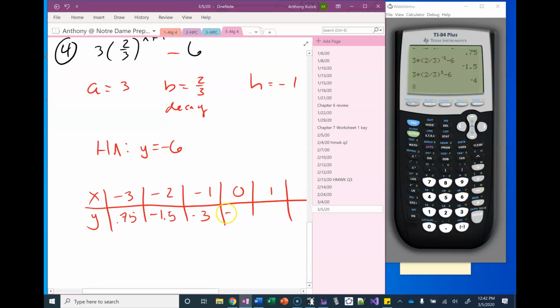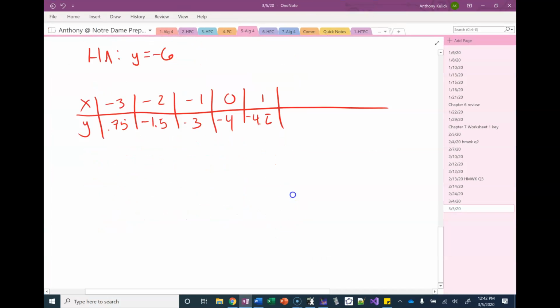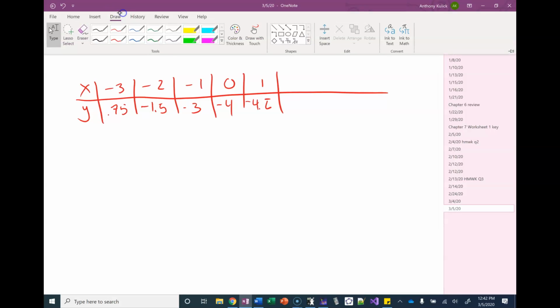And then I have -4. And then I'm going to have like 4.75 or something. Oh, close. Okay. So there's my points. So let's draw our graph.